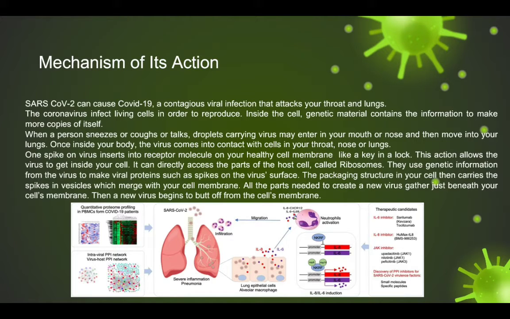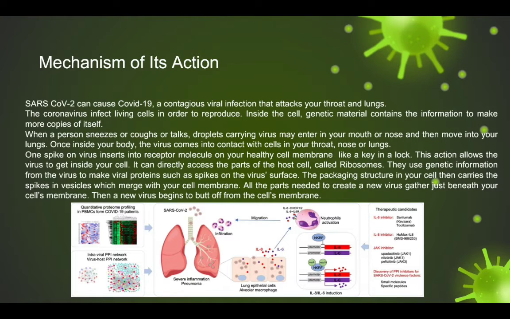One spike on the virus inserts into a receptor molecule on your healthy cell membrane like a key in a lock. This action allows the virus to get inside your cell. It can directly access the parts of the host cell called ribosomes. They use genetic information from the virus to make viral proteins such as spikes on the virus surface.